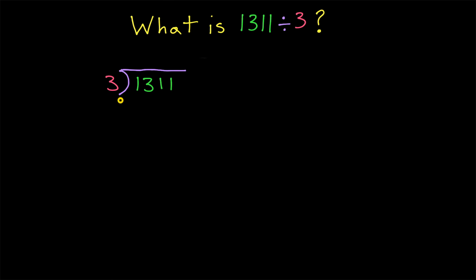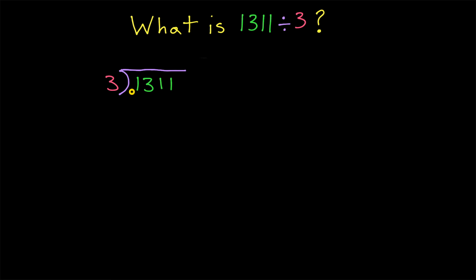Well, you're going to have to do this by first considering the first digit of the dividend. So this dividend, 1311, has 4 digits: 1, 3, 1, and 1. Begin by focusing on the leftmost digit. So begin by focusing on this 1.